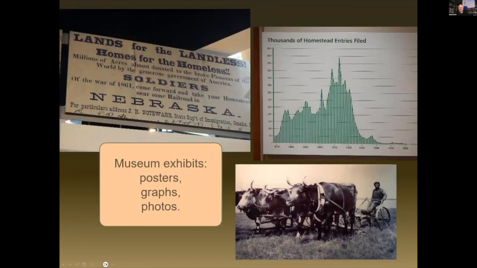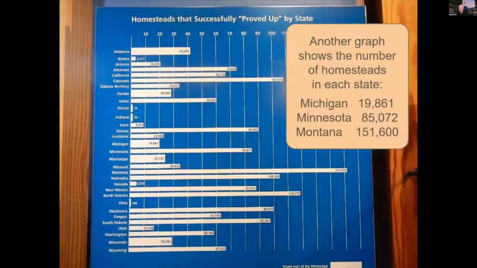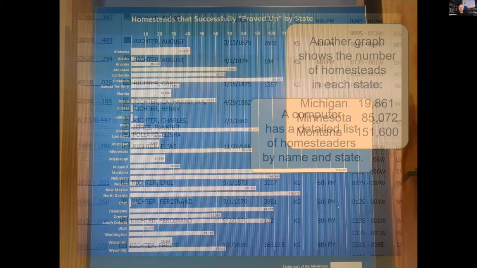Inside, there's all kinds of typical museum exhibits. There's old photographs, there's graphs, there's posters that were made at the time. There's one wonderful graph. Michigan got 19 million acres. Minnesota got 85,000 homesteads. Montana, 150,000 homesteads. This is a big chunk of Montana that was given away.